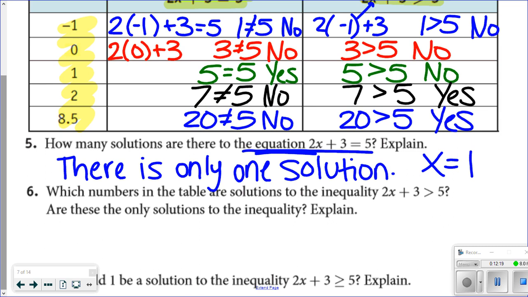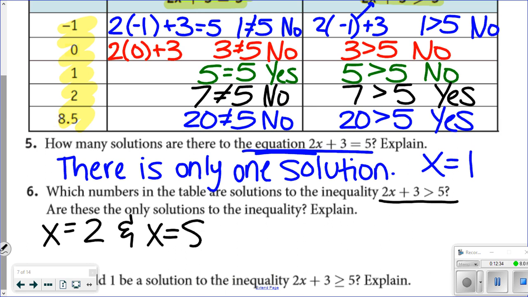So if we're looking at our table, which numbers are solutions to the inequality? Well, we got x equals 2 and x equals 8.5. Do you think that these are the only two answers or solutions to this inequality?